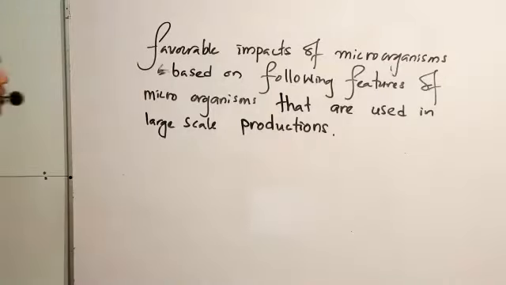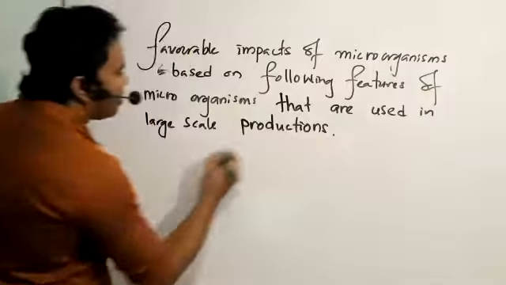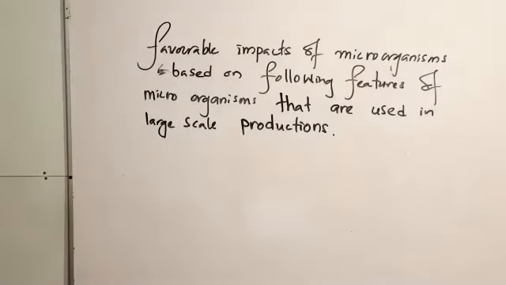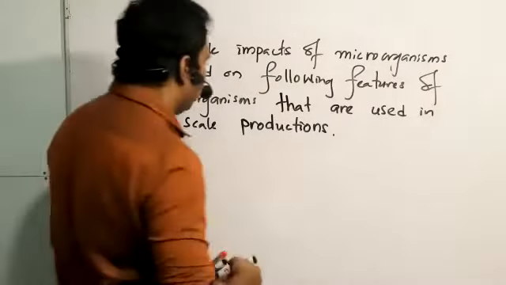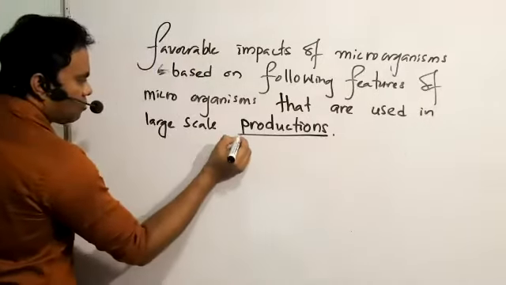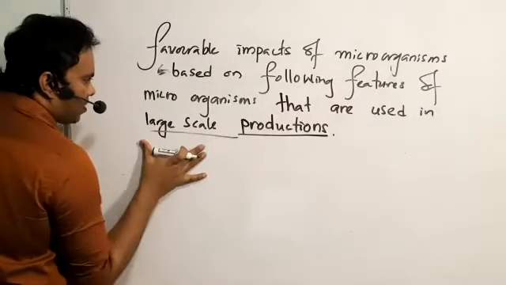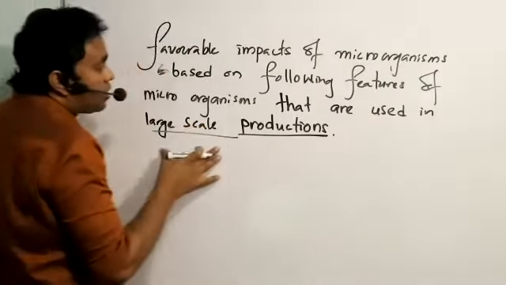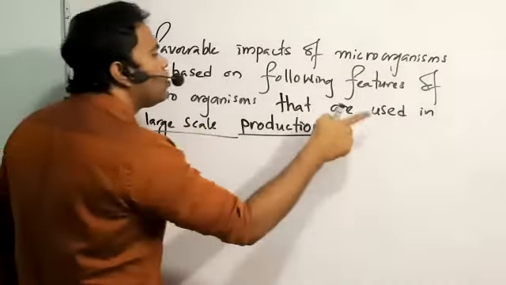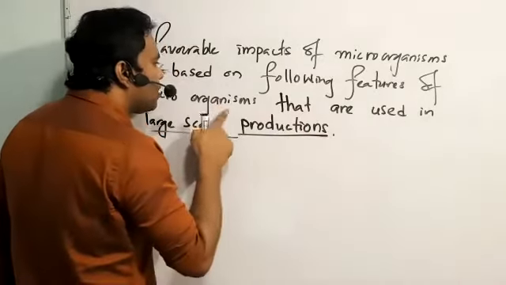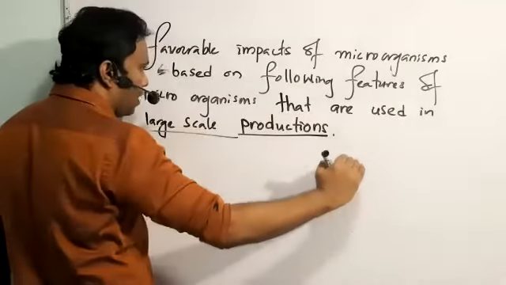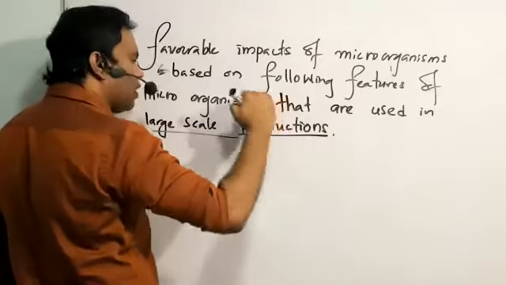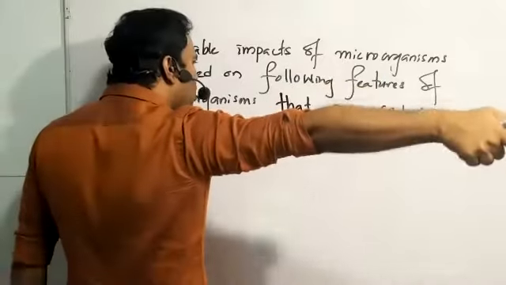Good. Okay, look at this topic. Topic is somewhat complicated. Productions, large scale productions. Used in where? Used in large scale productions. So who are used? Microorganisms that are used in large scale productions. Okay, following features of what?